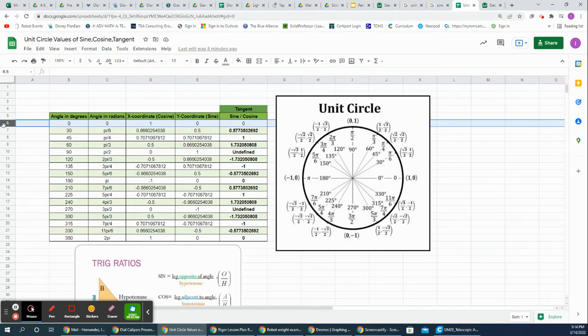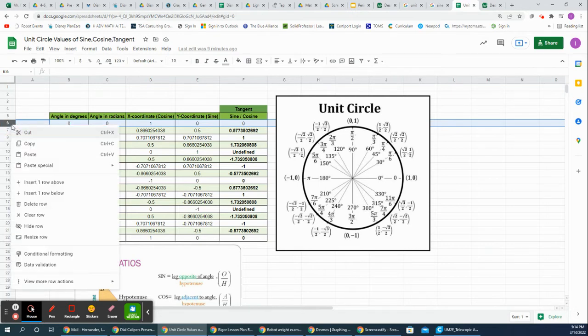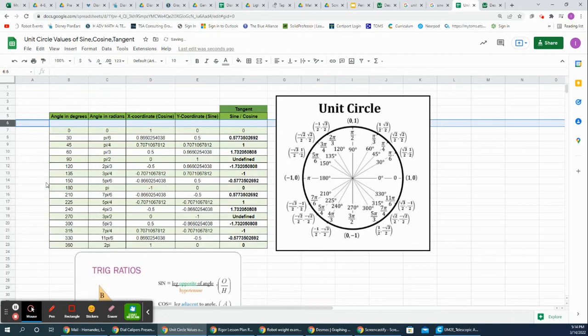okay, in our table. So I want you to highlight row 6, and I want you to right click on your mouse and click insert one row above. Okay, we're going to do this 4 times.